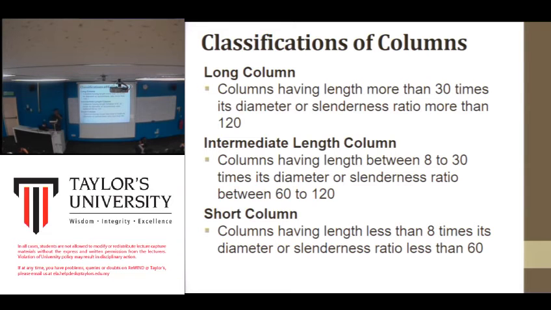So you can have something very tall, 3 meters or 6 meters, but when you look at the diameter of the column, let's say the height is just less than 8 times the diameter, then even though it's quite tall, by this classification, by this formula, we classify that as a short column. So I hope we can remember this.